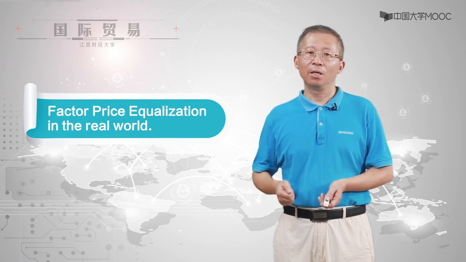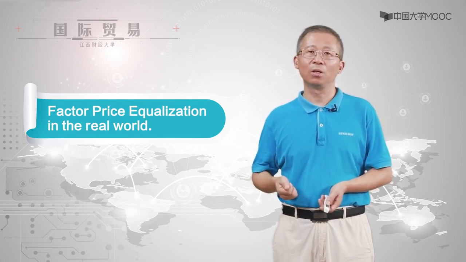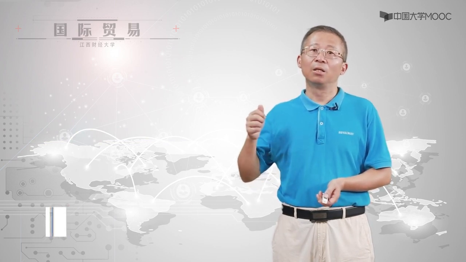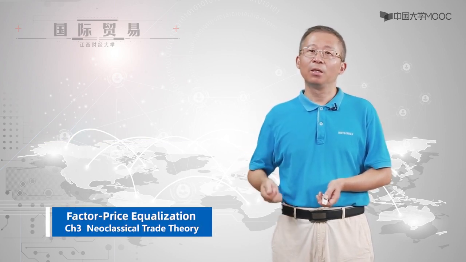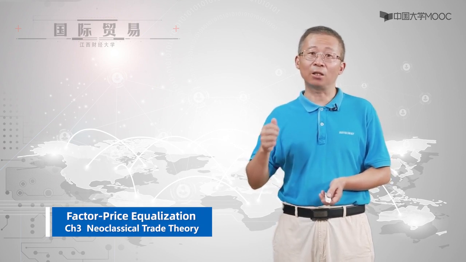Second, factor price equalization in the real world. Although the tendency toward the equalization of resource prices may sound plausible, in the real world, we don't see full factor price equalization. There is an extremely wide range of rates across countries.